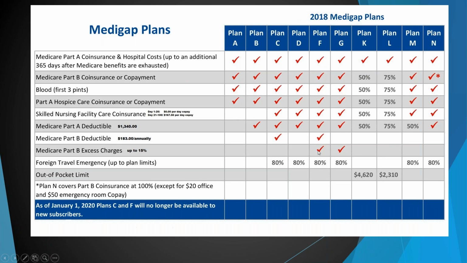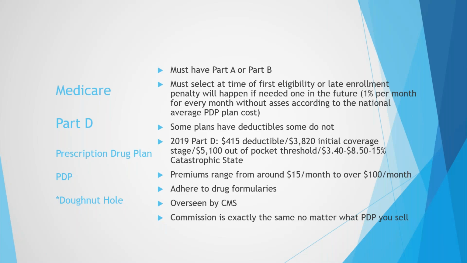The plan F, everything would be covered. The plan G, the $183 deductible. The plan N, the $183 deductible, the risk of excess charges, and $20 office payment copays. Look at the bottom left. Plan N covers Part B coinsurance at 100%, except for $20 office payment copays and emergency room copays. It's sometimes a much better economic value for the consumer.